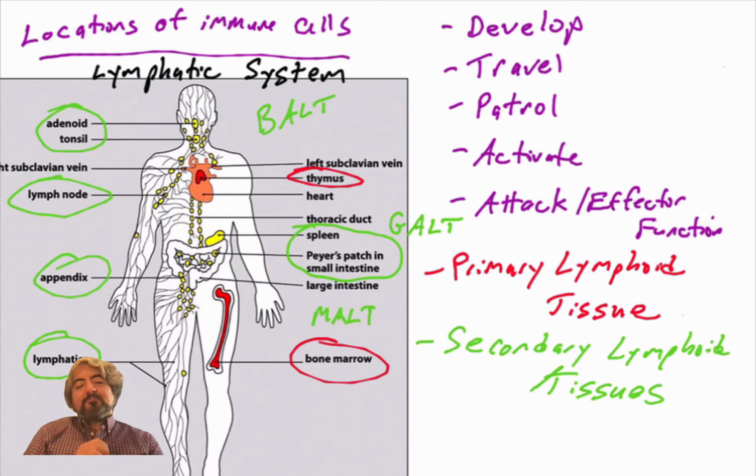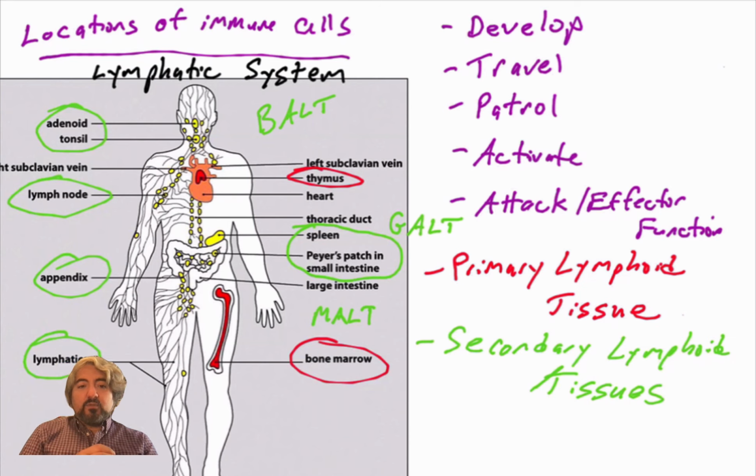That's the BALT. The MALT, mucosal-associated lymphoid tissues, are also generalized lymphoid tissues we find throughout any of our mucosal tubes.